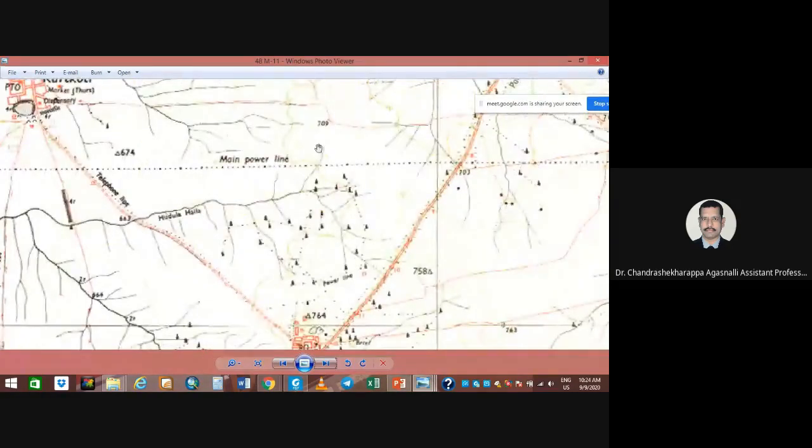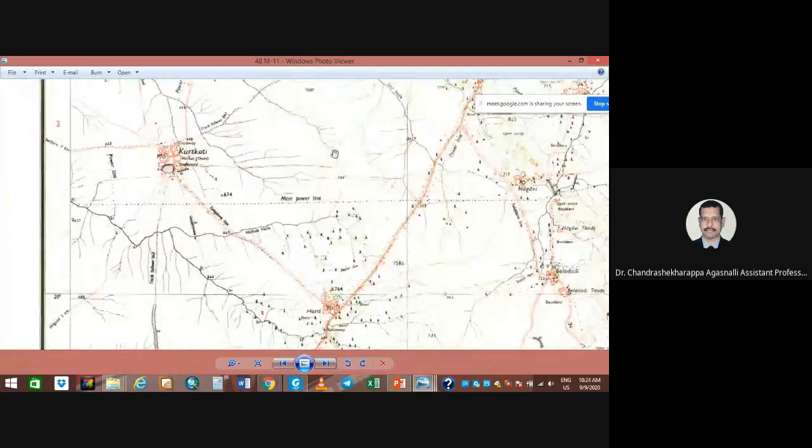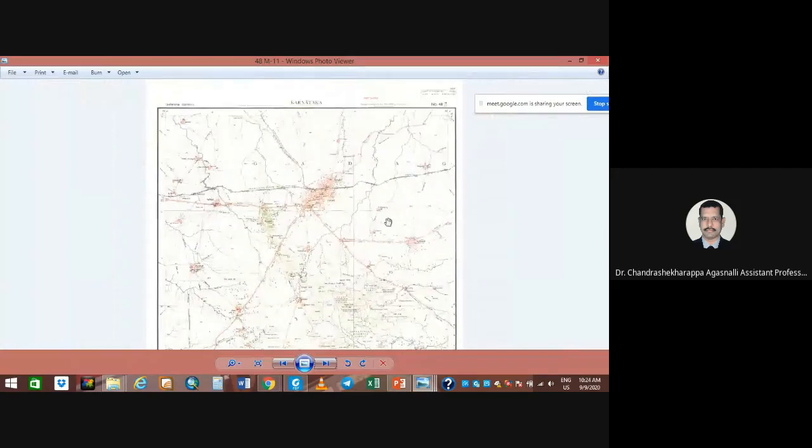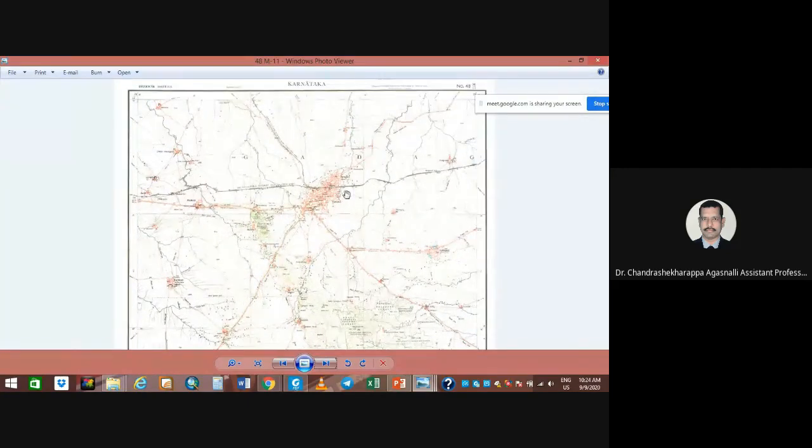Okay, this is all about today's class: how to read the topo sheets, what features you can easily identify from them, and what the uses of the topo sheet are.